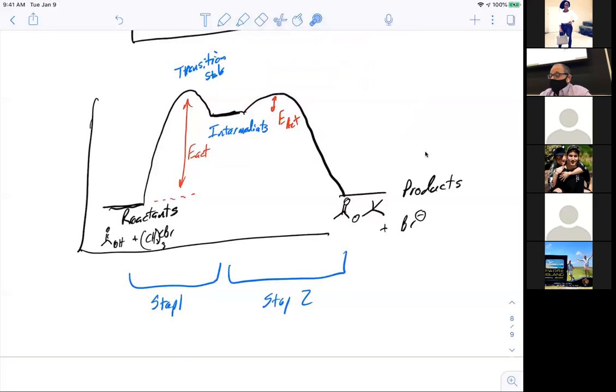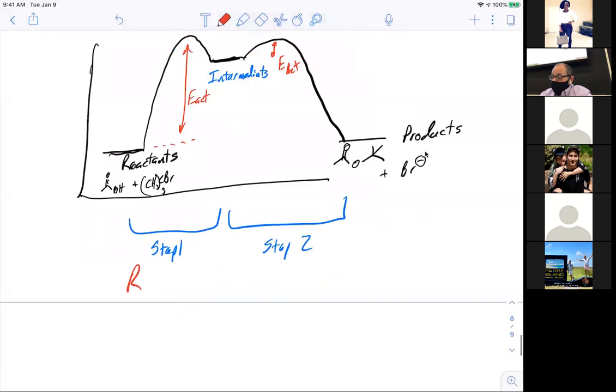Okay. All right, so this will give us our rate determining step. Okay, so our kinetics of this part is really going to be based around how fast this reaction goes, right?